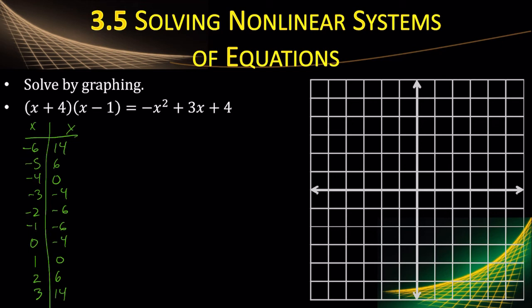All right, -5, 6, -4, 0, -3, -4, -2, -6, -1, -6, 0, -4, 1, 0, 2, 6.